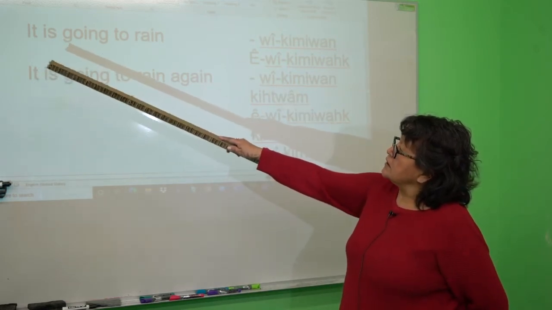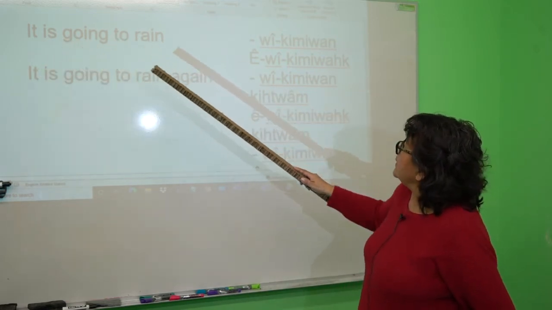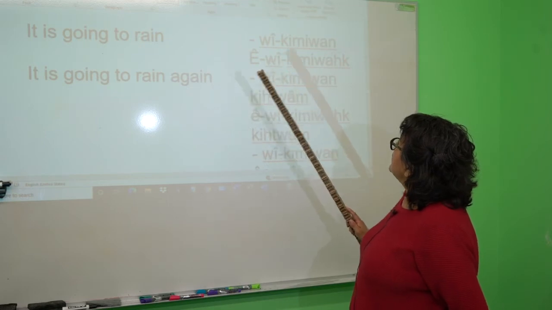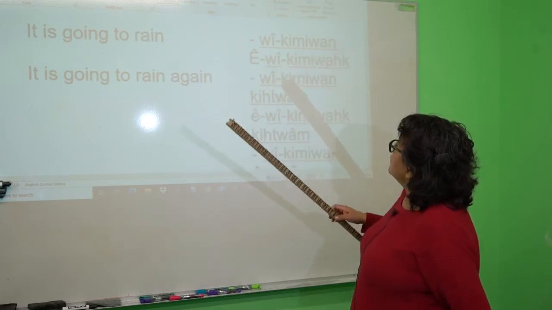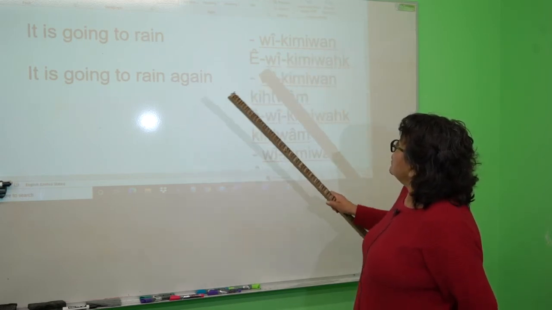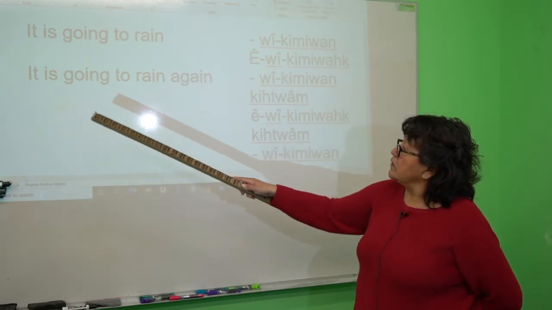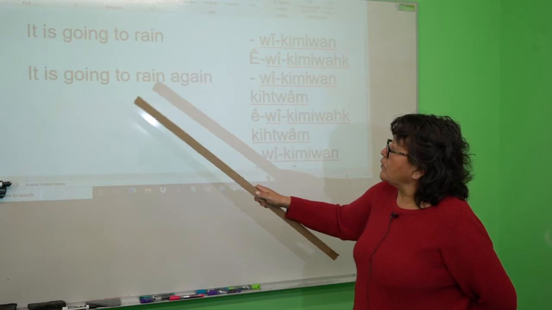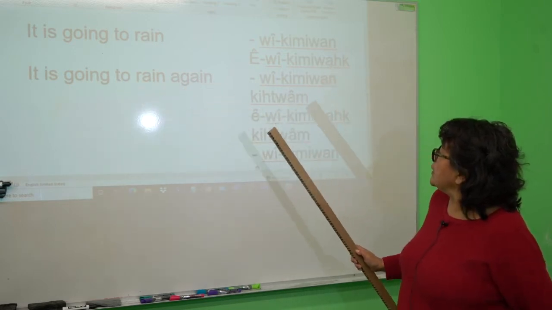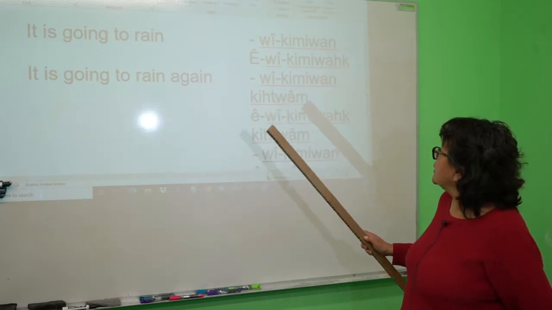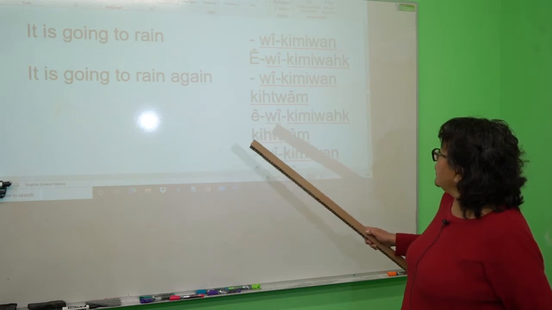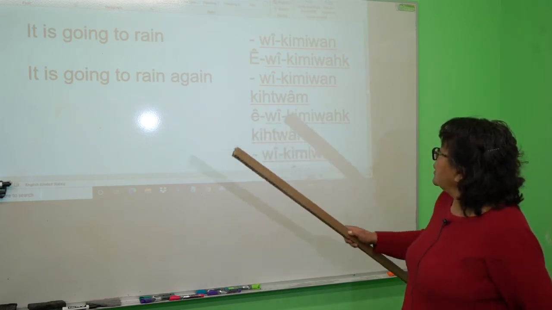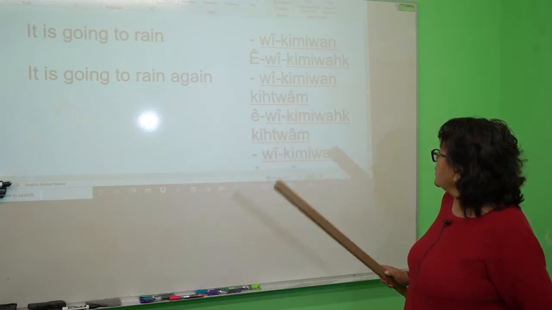It is going to rain. We gimon, or we gimoak. Is it going to rain again? No, it is going to rain again. We gimon gihtuam. Or we gimoak gihtuam.